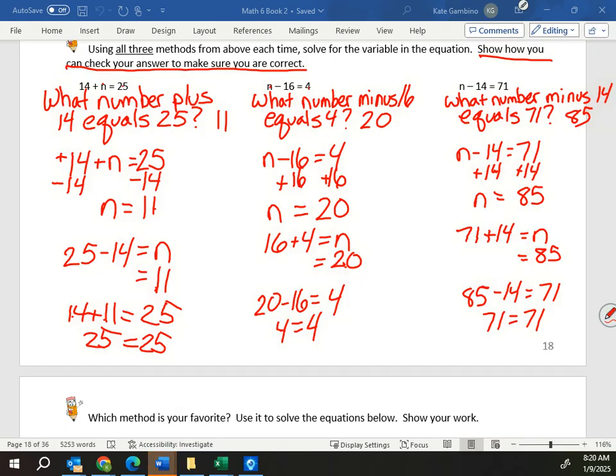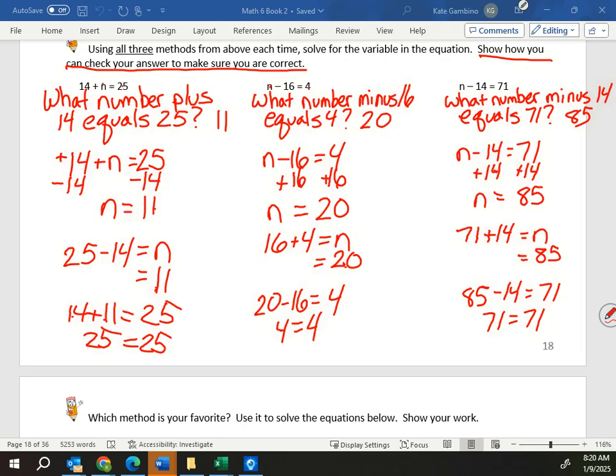It is a really good thing to check your answers. Take that variable that you found, put it back into the original problem and see, does the one side actually equal the other side? If it does not equal it, you did something wrong with your math.